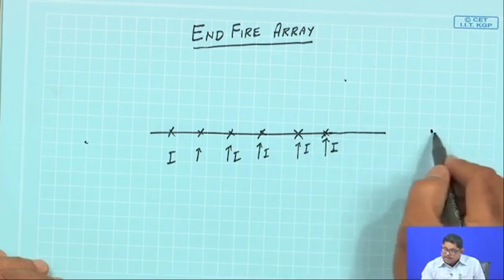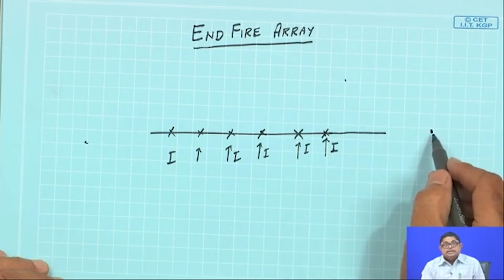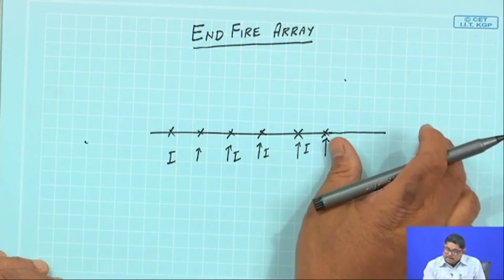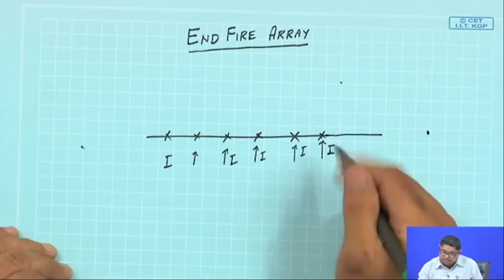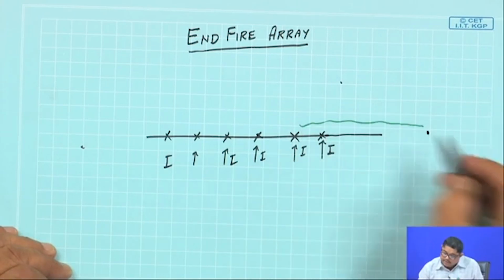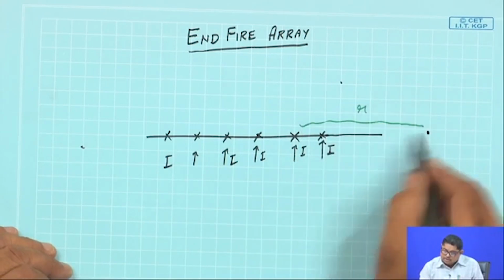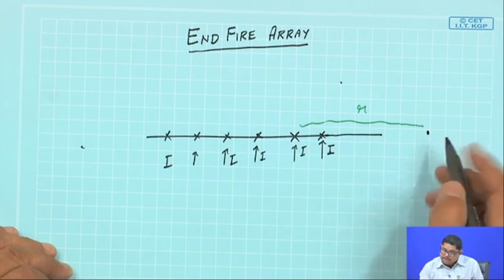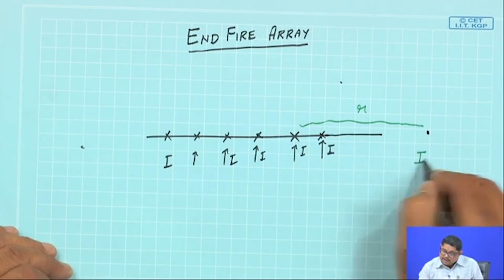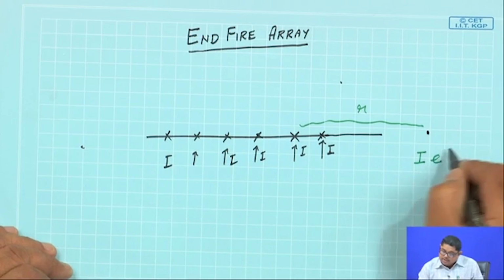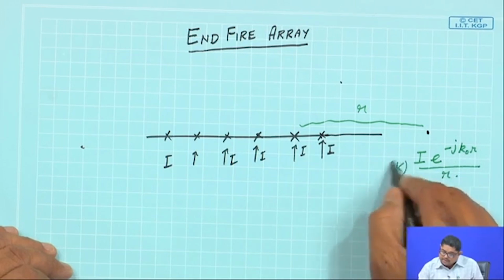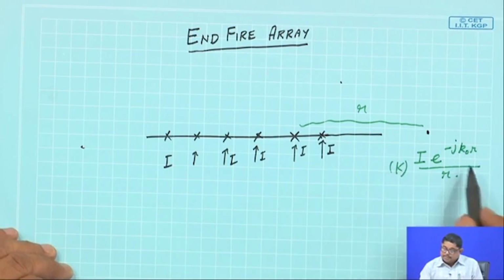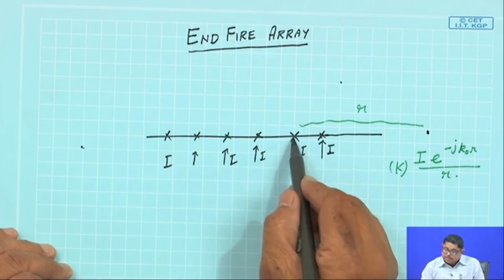So, when the field goes here, it has a certain space phase depending on this distance, let us say this distance is r. So, due to this first one, what will be the field here? Far field will be I e to the power minus j k naught r by r into some constant, where this 4 pi etcetera everything will be absorbed. Now, what will be the next one?